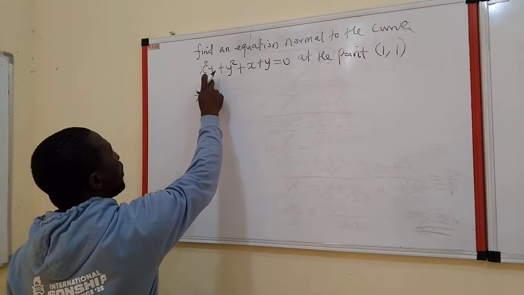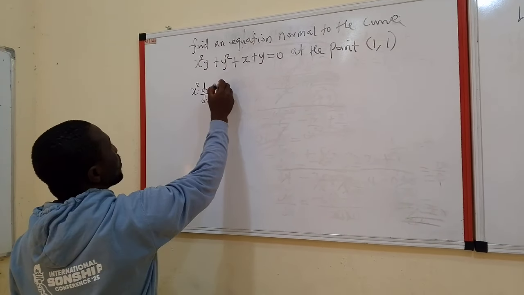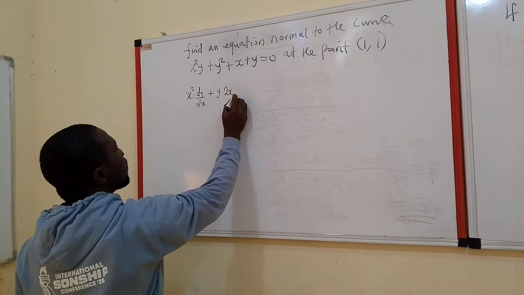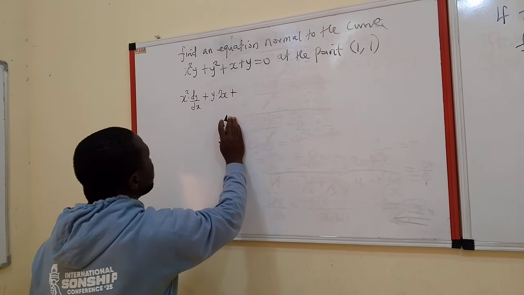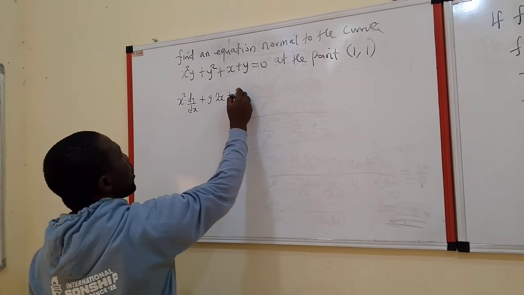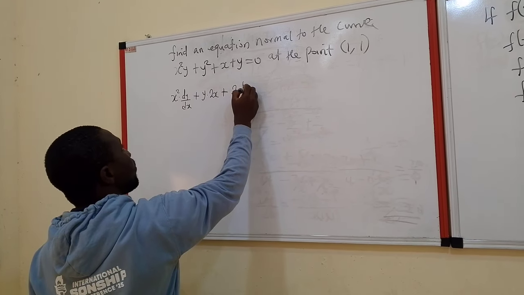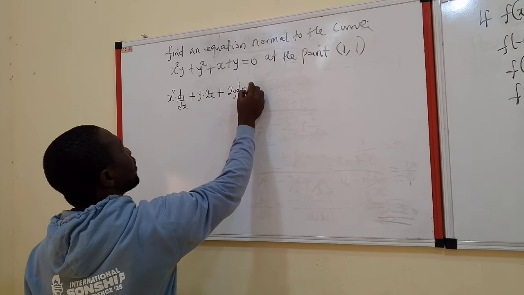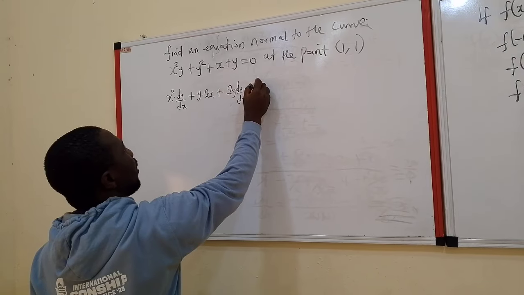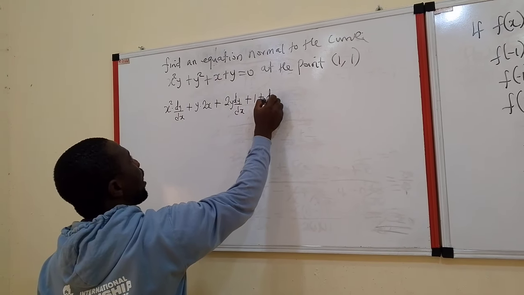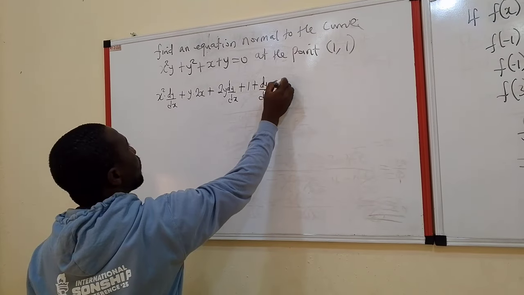Plus, keep this one constant now, then differentiate x squared, you have 2x. Plus, differentiate y squared, we have 2y dy over dx. Differentiate x, I have 1. Plus, differentiate y, I have dy over dx, equals 0.